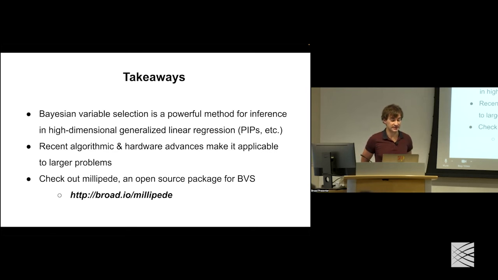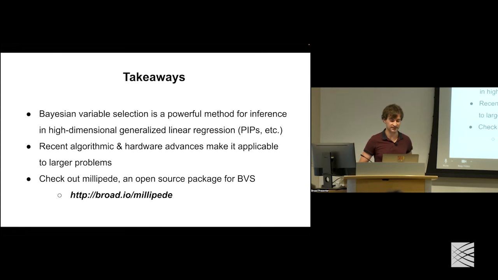Also, recent algorithmic advances, but also just the fact that we have GPUs and better hardware, means that these approaches are now scalable to larger problem classes. In very rough terms, maybe we can scale to tens of thousands of data points and 1 million covariates, depending on details. But that wasn't the case, say, 10 years ago.